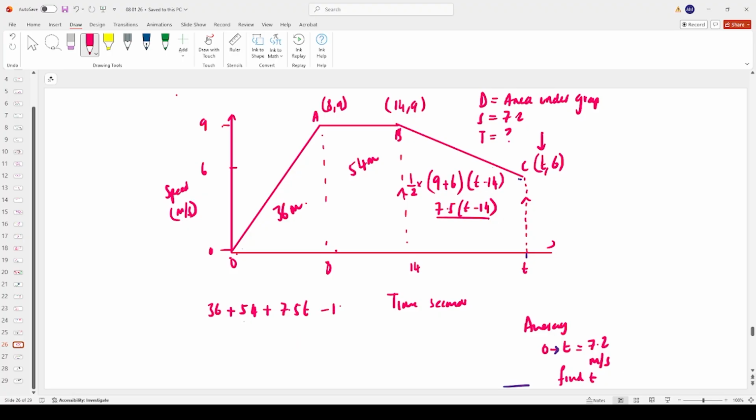So minus 105. So 36 plus 54 minus 105. So 7.5 t minus 15. Okay, so that's that. Now that is the area under the curve, right?